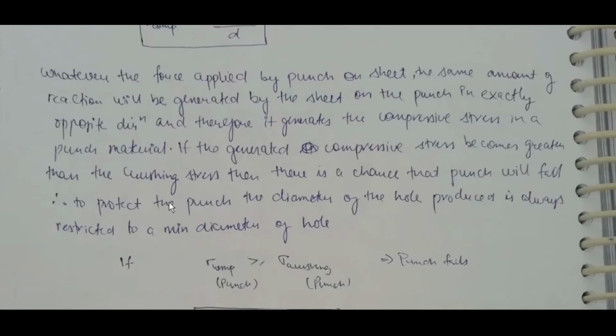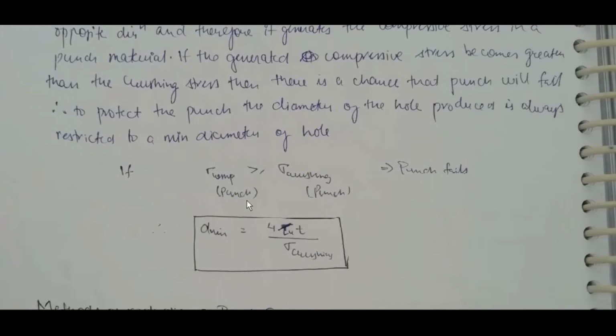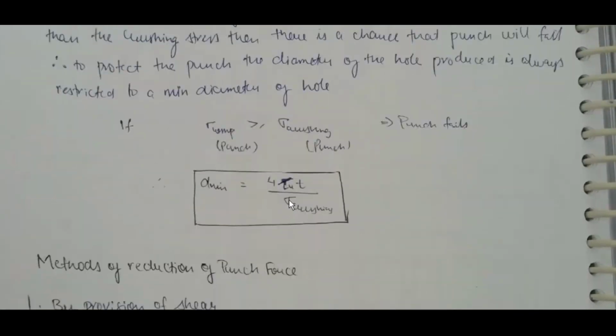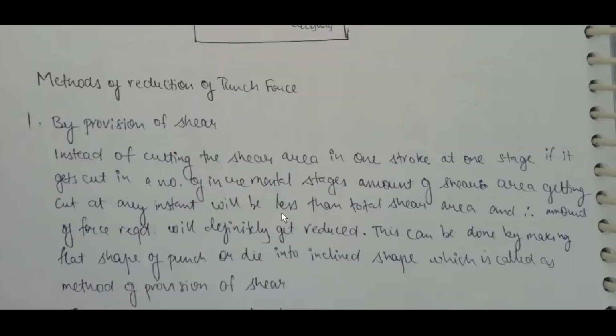To protect the punch, the diameter of the hole produced is always restricted to a minimum diameter. If sigma compression of punch is greater than sigma crushing of punch, then the punch fails. D min is equal to 4 tau u T by sigma crushing.